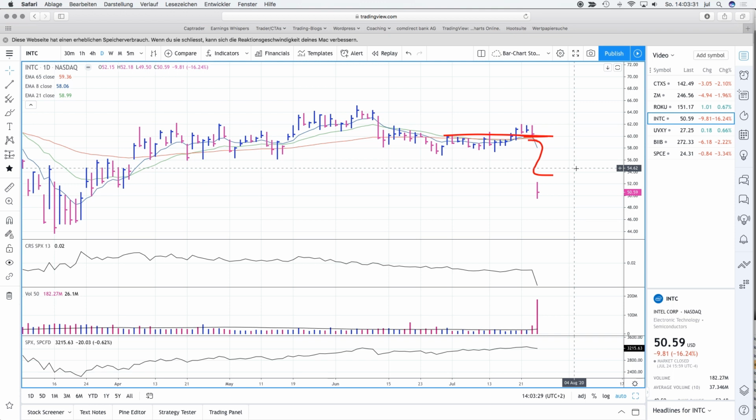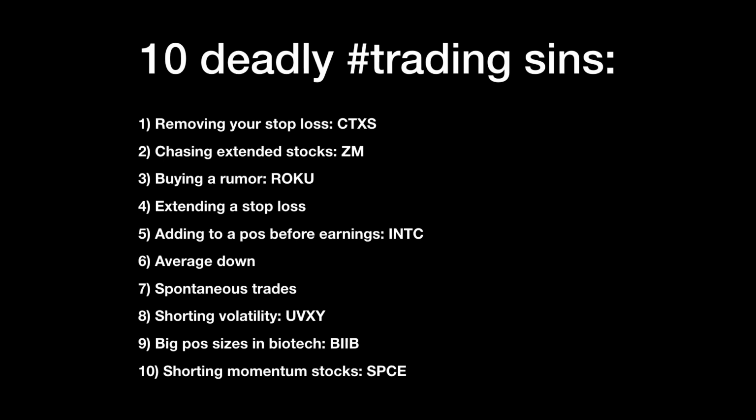You increase your average loss over time, and that will lead to very bad results, and that will lead to a very small edge in the stock market, or you lost your edge altogether. So increasing position size before earnings is a highly difficult and risky situation.